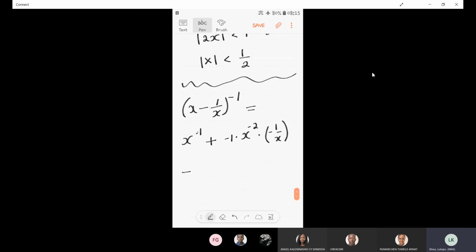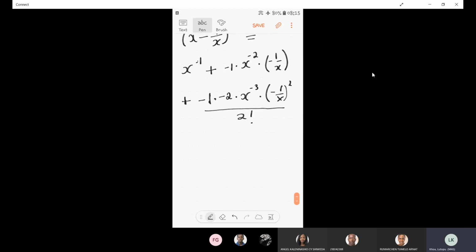Then the next term, I have negative 1 times negative 2, and then x to the power of negative 3 times negative 1 over x to the power of 2, and then I divide by 2 factorial.